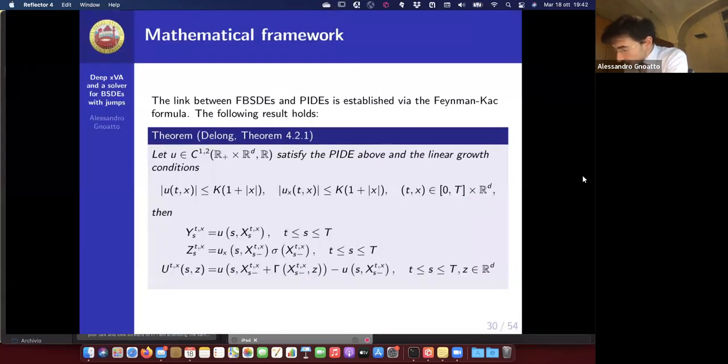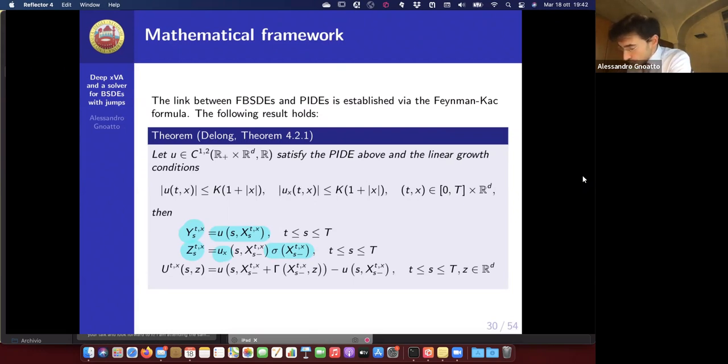In particular, we know that the BSDE is associated to the function u which satisfies the PIDE. So the BSDE is the time evolution of the function u that satisfies the PIDE. Z is associated to the first derivative of u with respect to the space dimension times sigma, which is the diffusion coefficient in your forward dynamics.